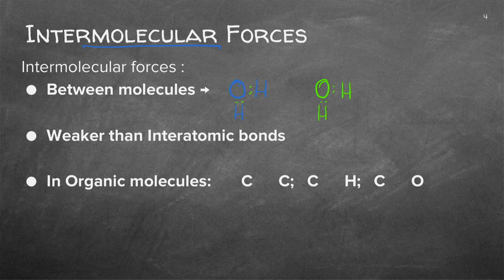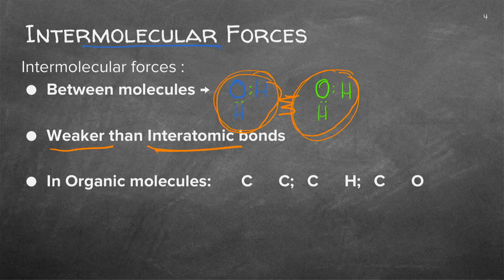Can you recall that you now have this molecule and that molecule, and you'll find a specific bond there. So it's weaker than the interatomic because it's between two molecules. But the very strong bond is obviously that one there, because it's inside the molecule.